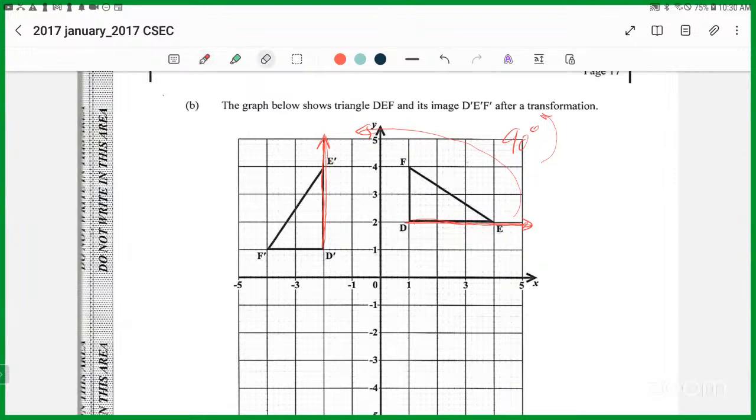The question is, where is the center of that turn, of that rotation? It's a rotation. Center of rotation usually is the origin. So I like to always check if the origin is the correct center of the rotation first. I can check it by rotating the coordinates of the points 90 degrees to see if we get back the image point. So for example, this point will be 4 units this way and 2 units up.